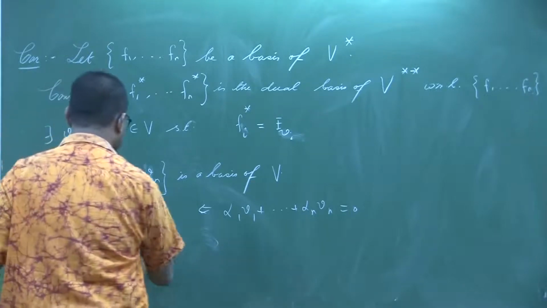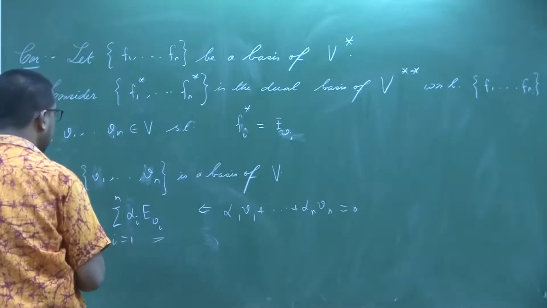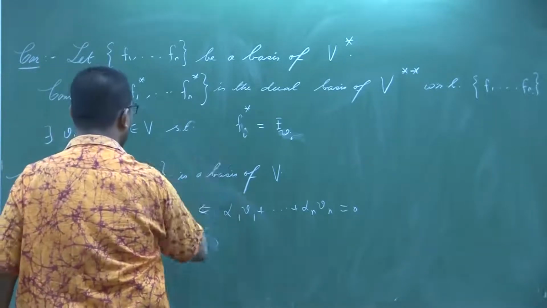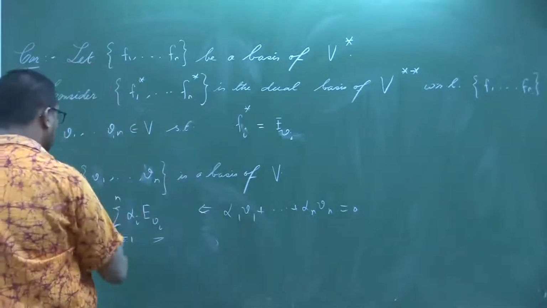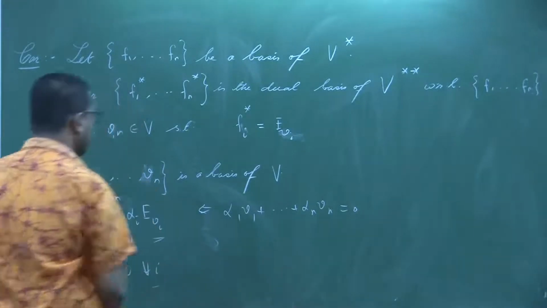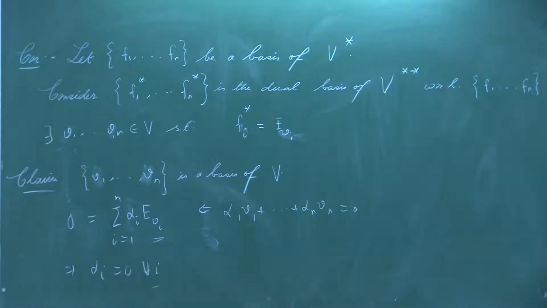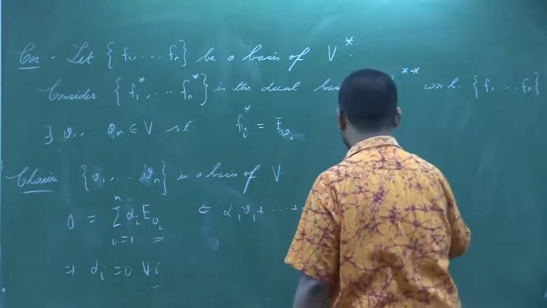So, since this is a basis of E of Vi, and what is E of Vi? E of Vi is Fi star, and Fi star is a basis in this. So, that means each alpha will be 0. Okay. So, this is a basis of V, and now the interesting part here is the second claim.